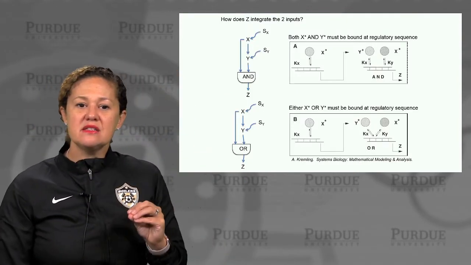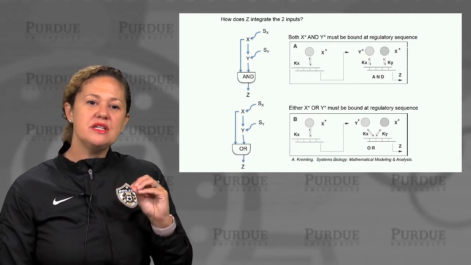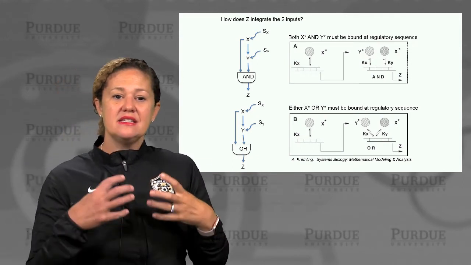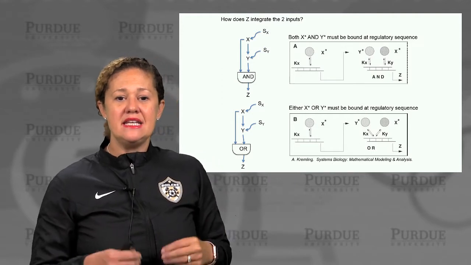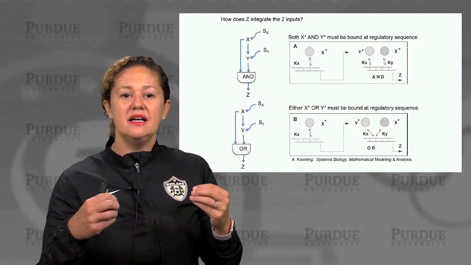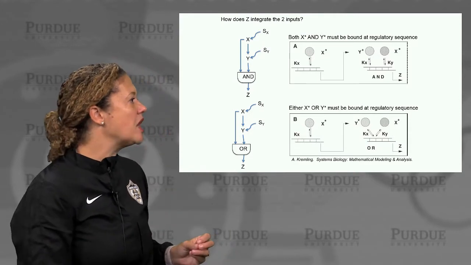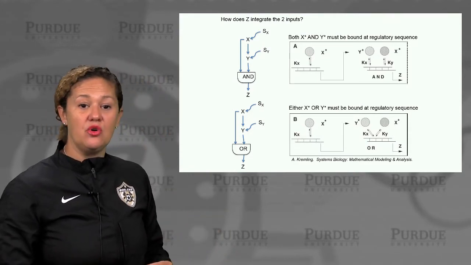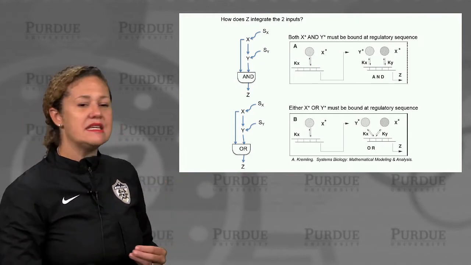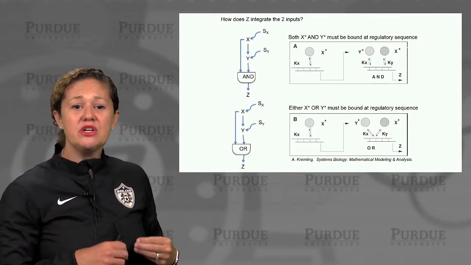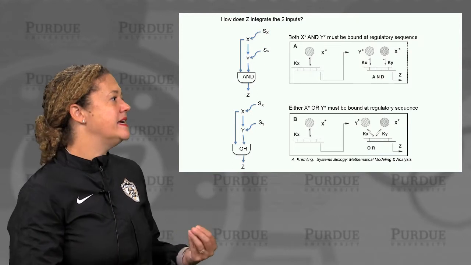So the next question is, at that Z gene, how are the inputs from the direct and indirect path integrated? And this is where our AND or OR integration comes into play. And so let's take a look at this mechanistically, of how we could, at the level of the gene, get AND integration.